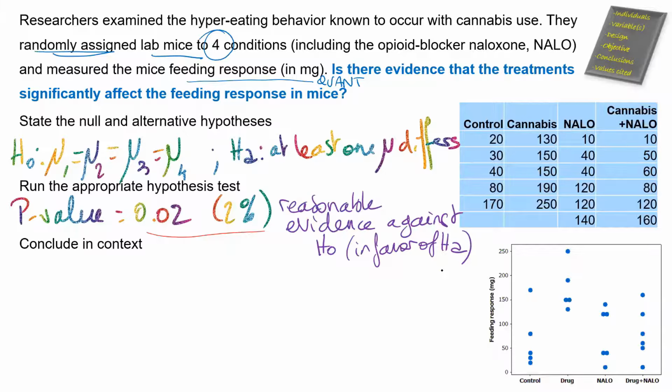The reason that when you write your conclusion in context, you want to cite that p-value is because words carry different meaning to different people, just the definition of a word. What is reasonable doesn't mean the same thing to different people. Also, different people might have different standards, and view different values as providing different levels of strength. So if you cite your p-value and you use a word that is not crazy for it.